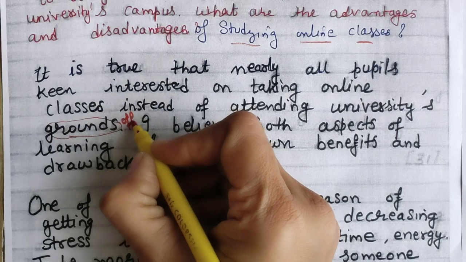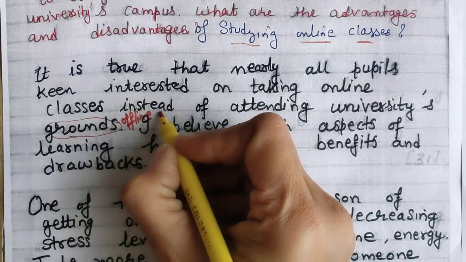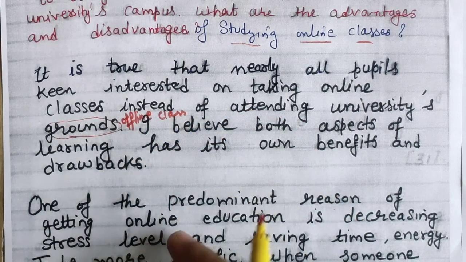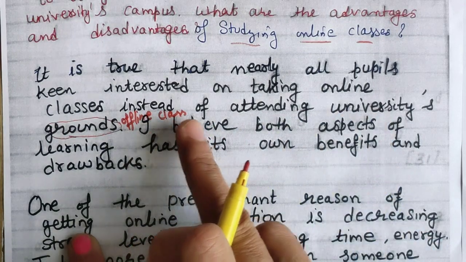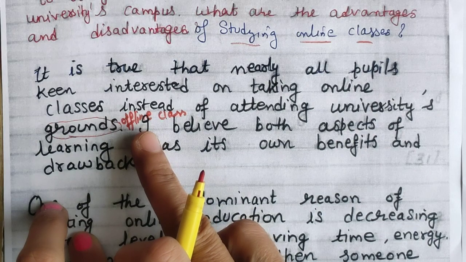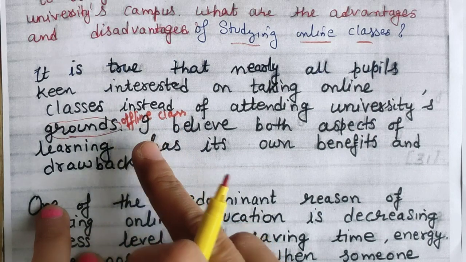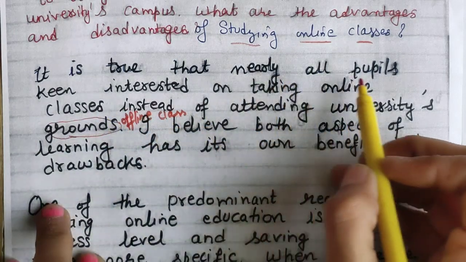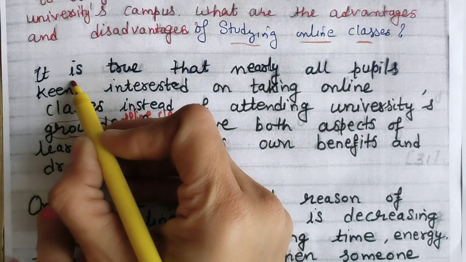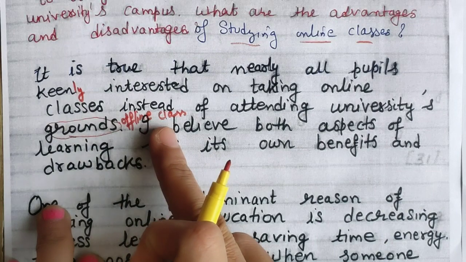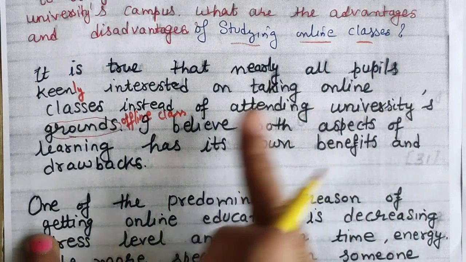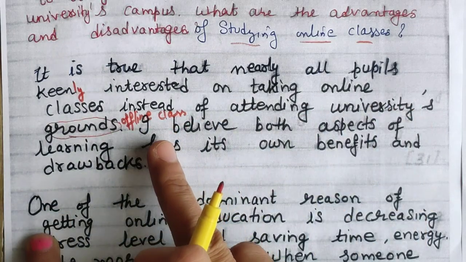She could have written university's offline classes, conventional classrooms, or physical classes. So all pupils keenly interested in taking online classes instead of attending university's offline classes.